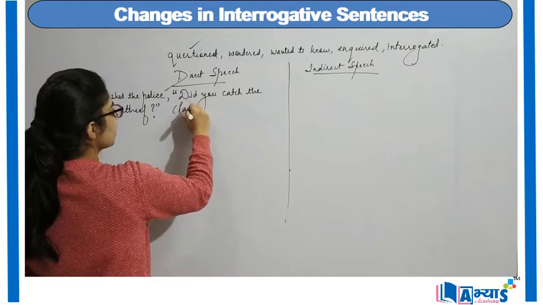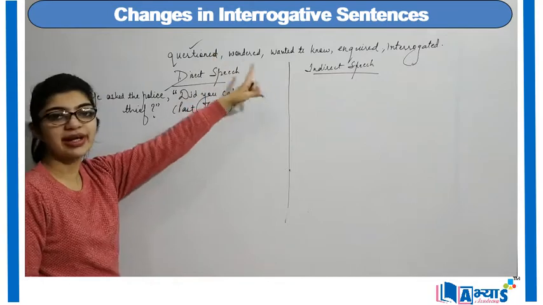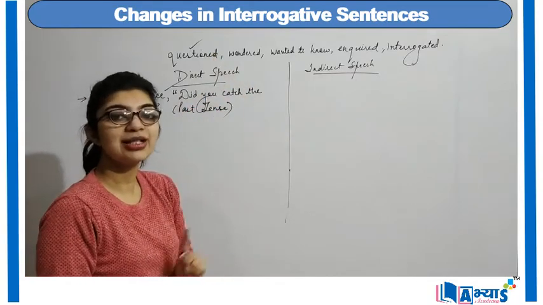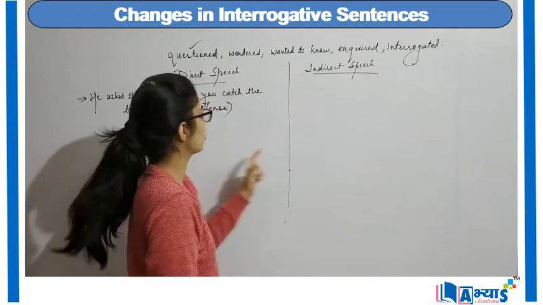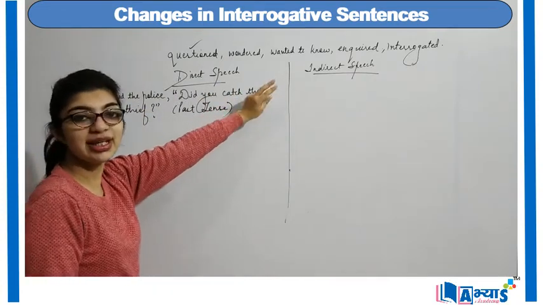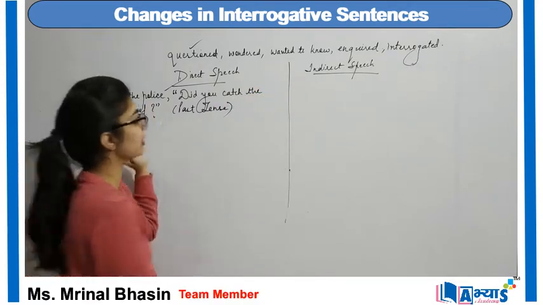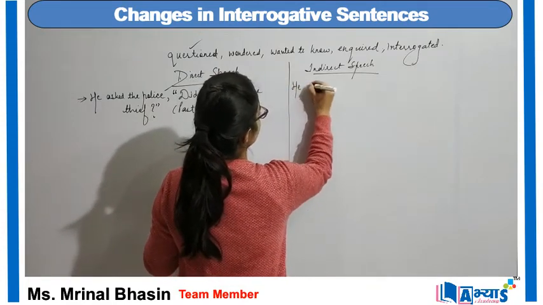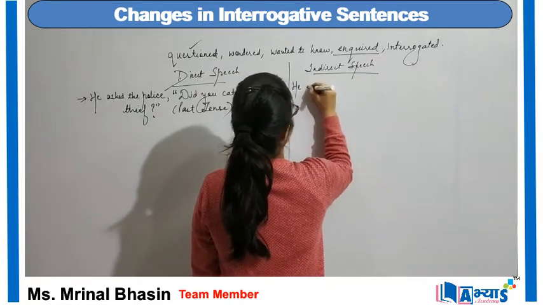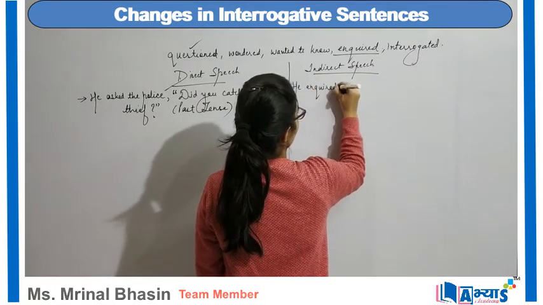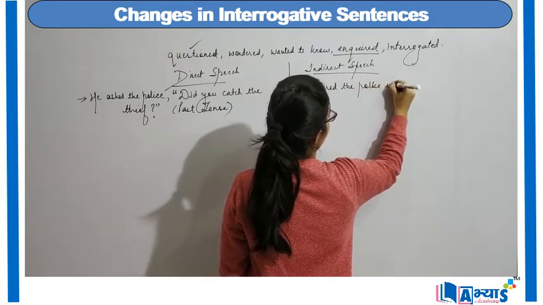So, did you catch the thief? This is a past tense. And my past tense of direct speech gets changed to past perfect tense when we are converting direct to indirect speech. So, now my sentence in indirect speech will be, he questioned the police, or I can also make use of inquired. He inquired the police if.